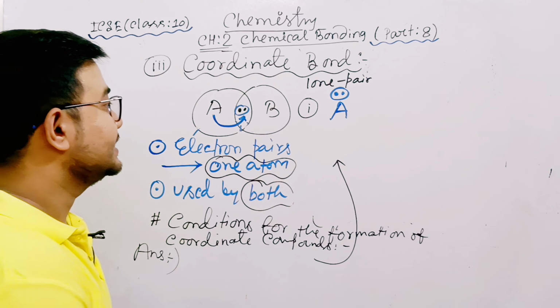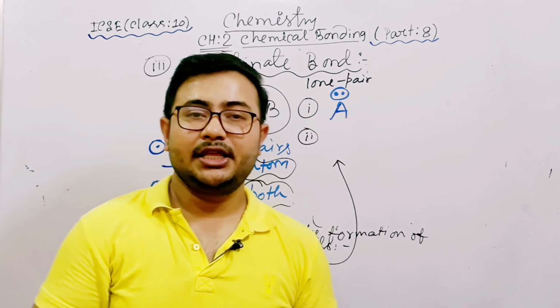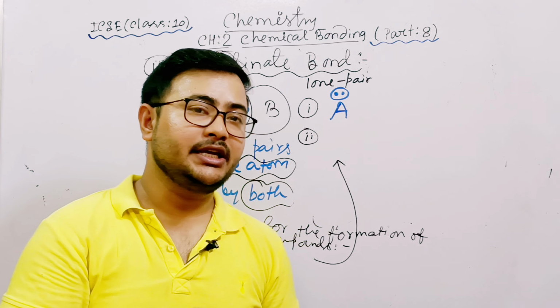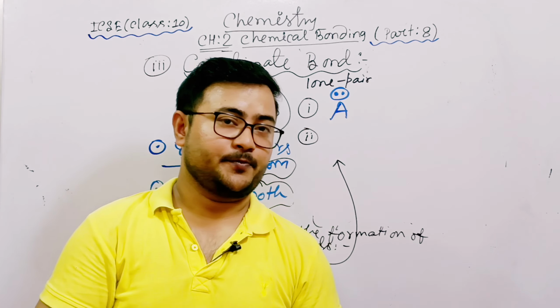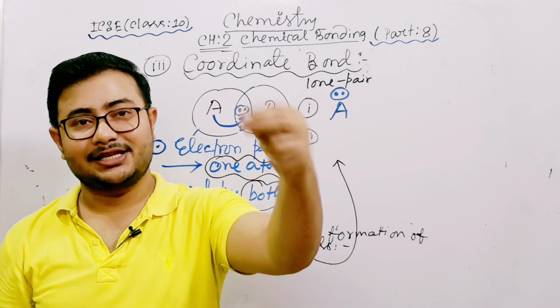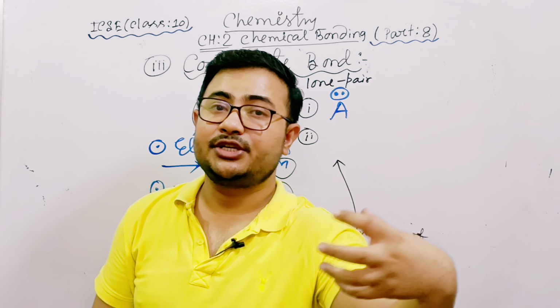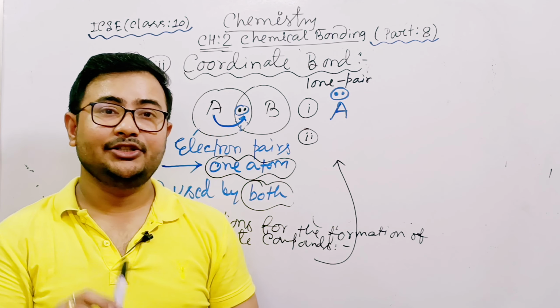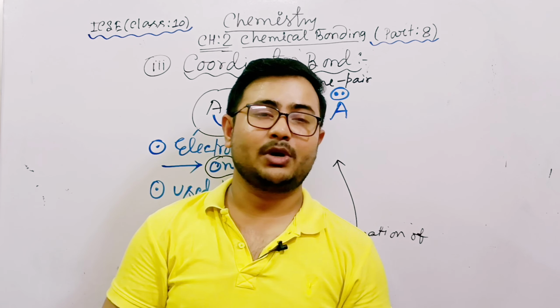Done. Second point. Now tell me, if I donate an object to anyone, and that person has a scarcity of this object, then he or she will take it. Suppose I donate one pencil to a student.